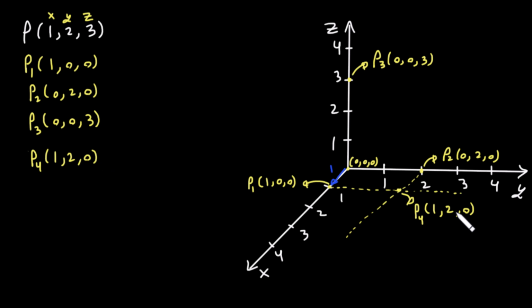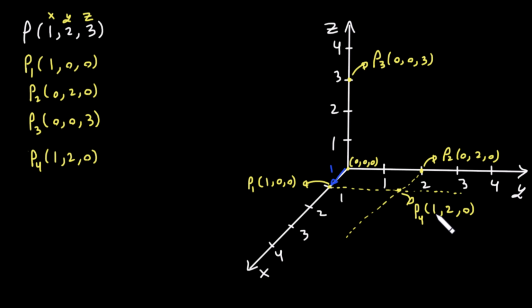Now, from this point, we have to go 3 units up to reach the point (1, 2, 3). We have to change this 0 to 3. How? We can go just 3 units up, exactly the distance from here to there. So the length here, we have to have it here to plot this point. How can we plot this point (1, 2, 3) accurately?